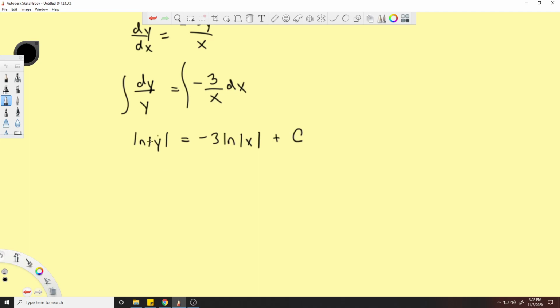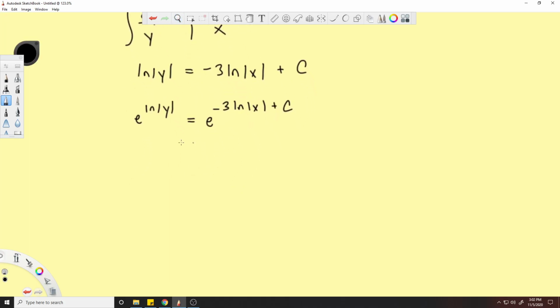Next we will raise everything to the e, so this will be e to the ln y, e to the negative 3 ln x, and e to the plus c. This is all in the power of e slot, you could say.